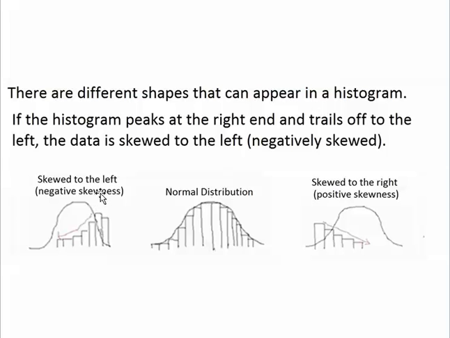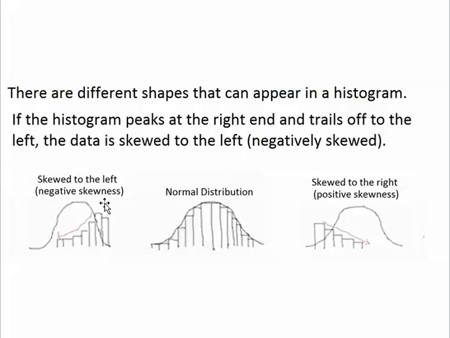So this type of a shape, a negative skewness, peaks too far to the right to be a normal curve. And this shape that's a positive skewness peaks too far to the left to be a normal curve. You have to remember that skewed to the left doesn't mean it peaks at the left end. And skewed to the right doesn't mean it peaks at the right end.